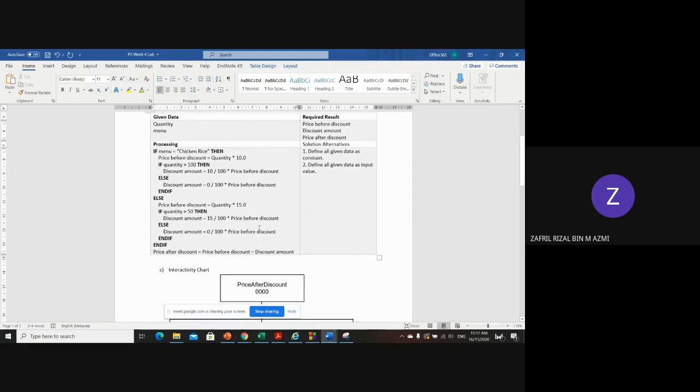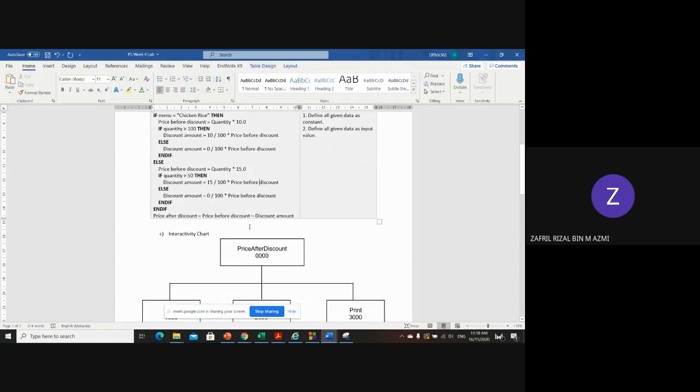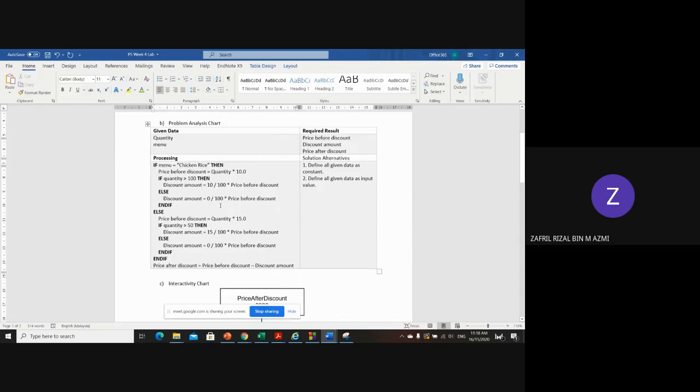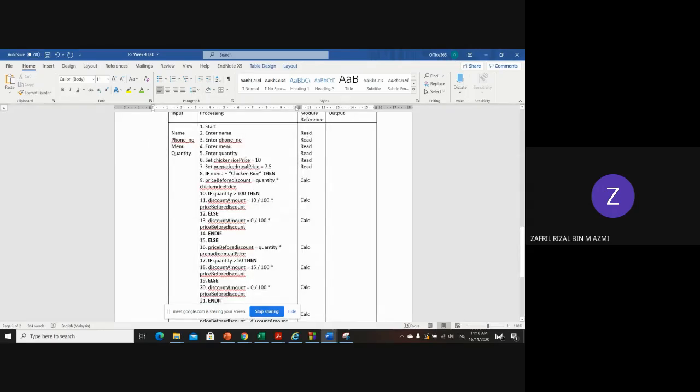But make sure you refer to proper guideline how to write down a variable name, so you cannot have space and everything. Right. Okay, so the condition is correct. Okay, the processing is correct. So this one referring to the same processing. If yes, then correct. Okay.